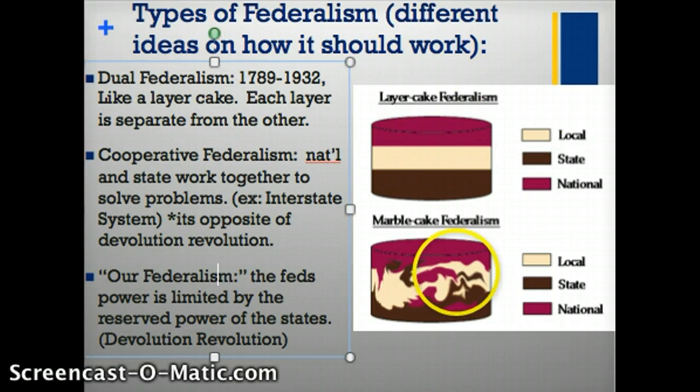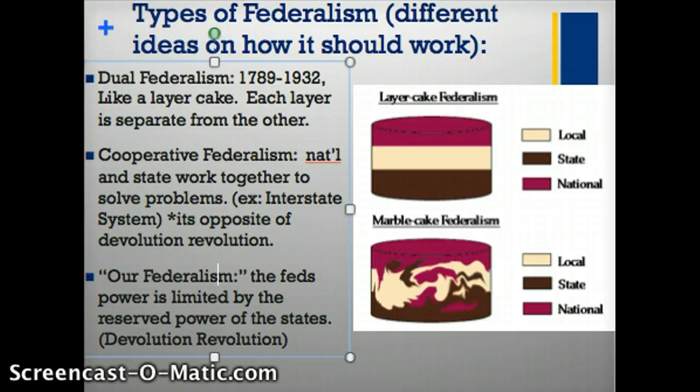It's just like marble cake. If you cut into a piece of marble cake, you're not sure where the chocolate stops or where the vanilla stops. Can you get just a bite of state power or just a bite of national government power? No, it's all mixed in together.